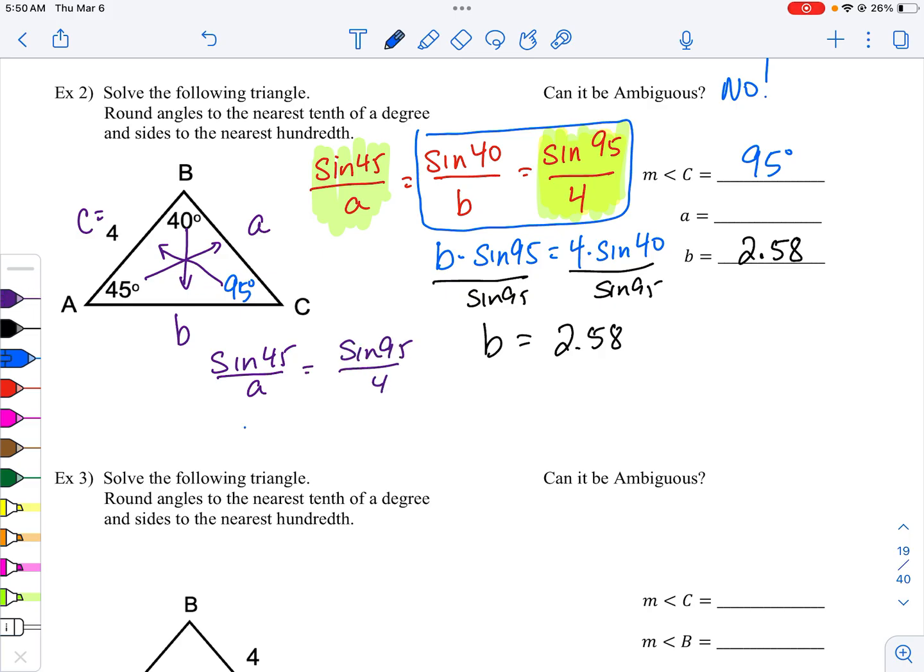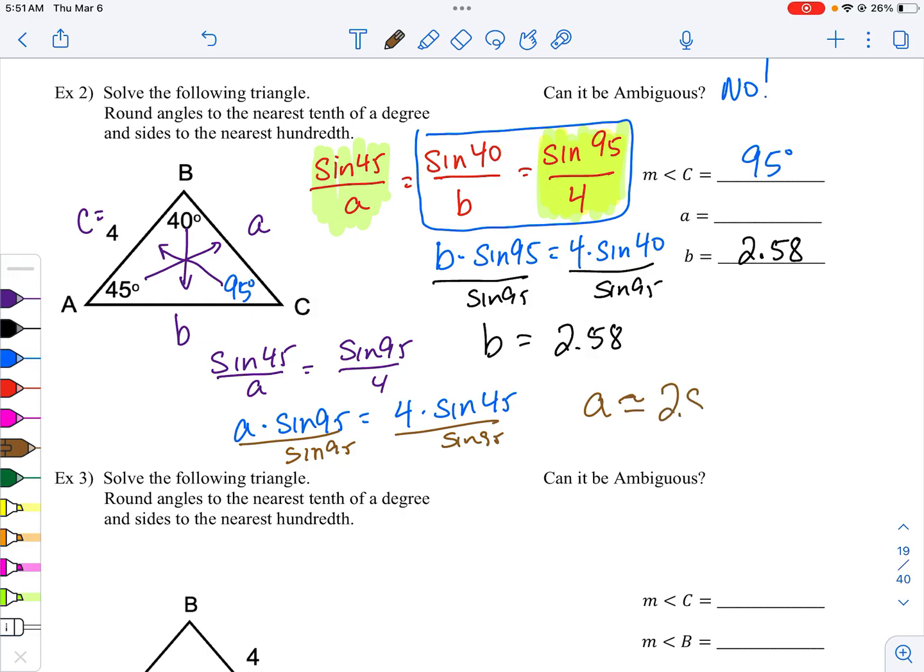I cross multiply, so I get a times sine of 95 equals 4 times sine of 45. I divide both sides by sine of 95. So a is approximately equal to 4 sine of 45, close your parenthesis, and then divide by sine of 95. And I get approximately 2.84.